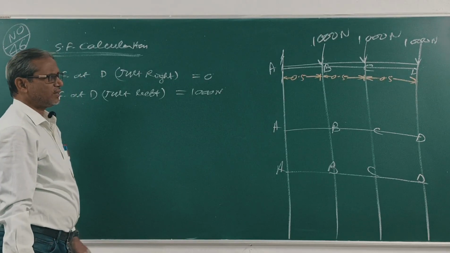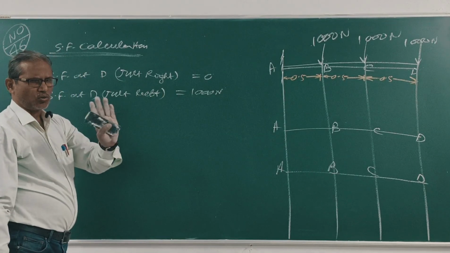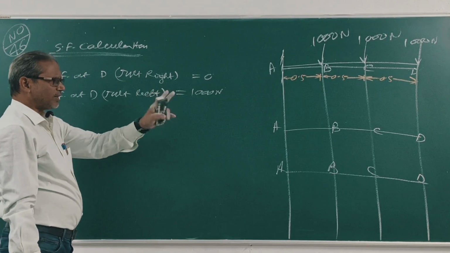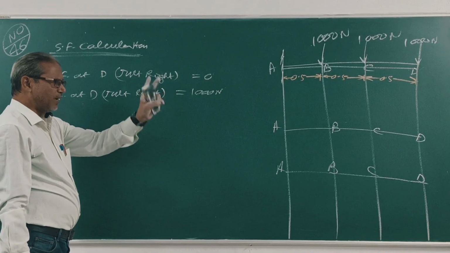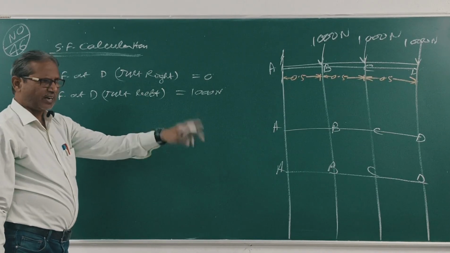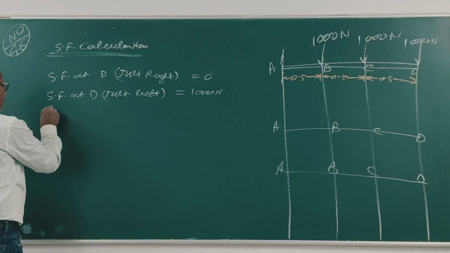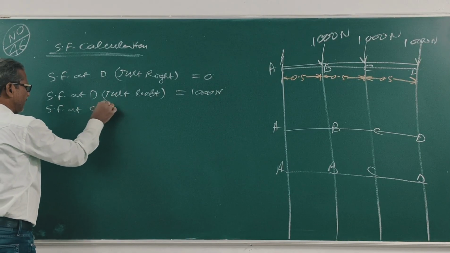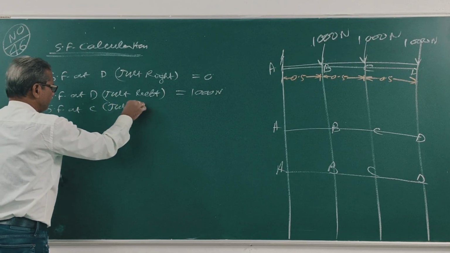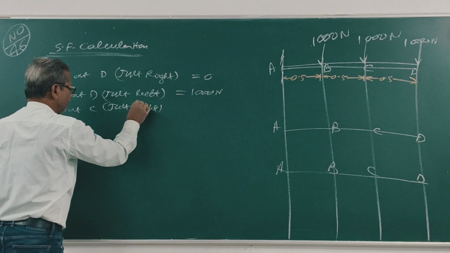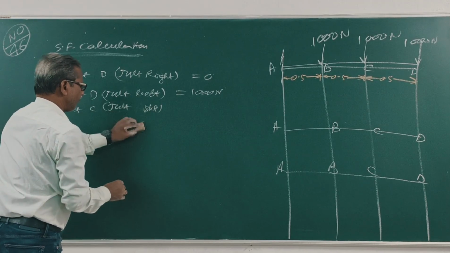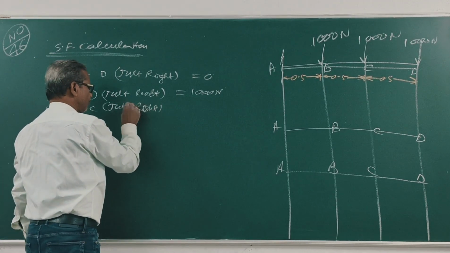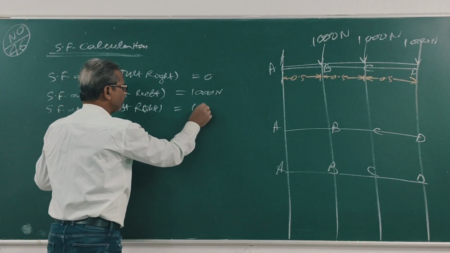Right? From D to C there is no load. So the 1000 Newton remains constant from D left to C right. Shear force at C just right is equal to 1000 Newton.